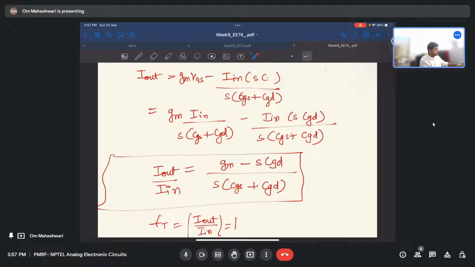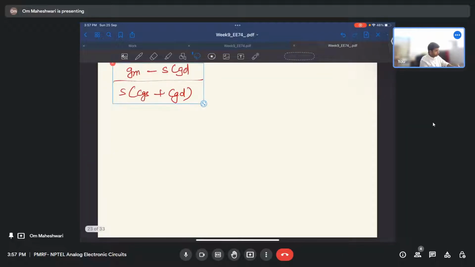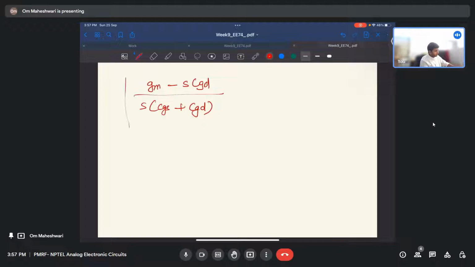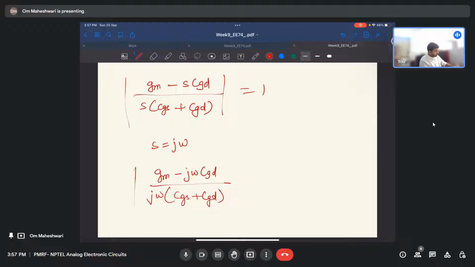I'll not do it completely, I'll give some hint how to do that. S we can put as simply j omega. So the mod of (Gm minus j omega CGD) by (j omega (CGS plus CGD)) equals 1.